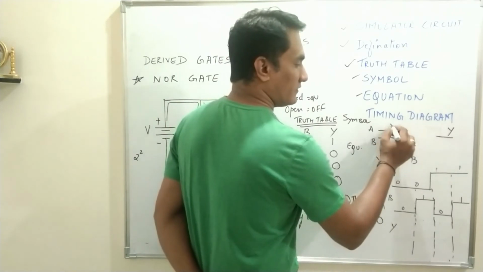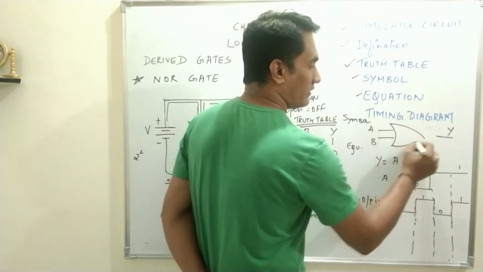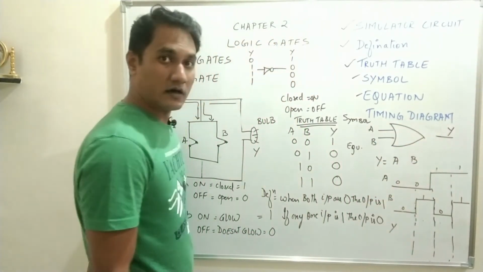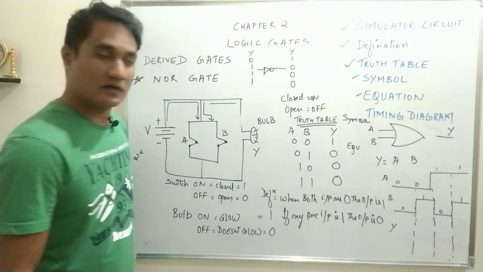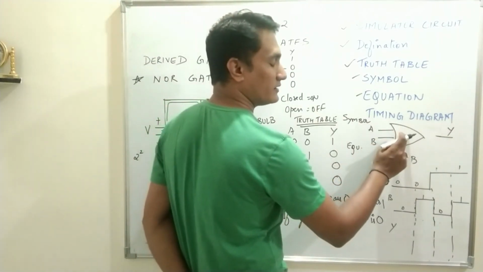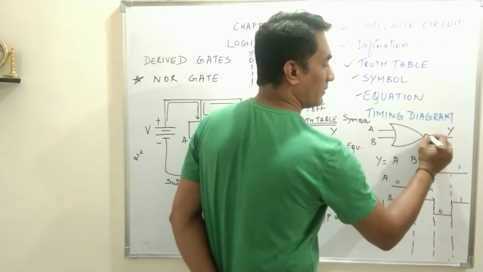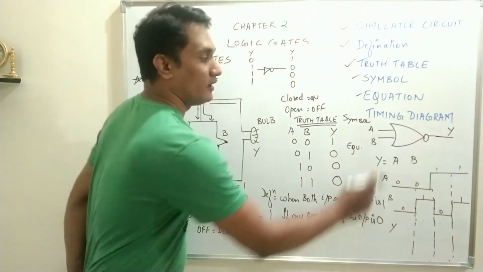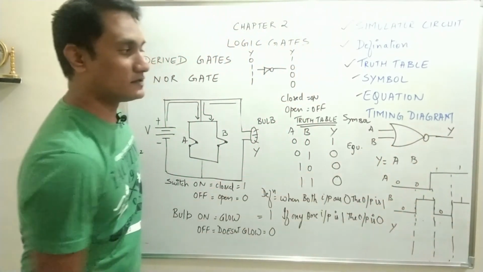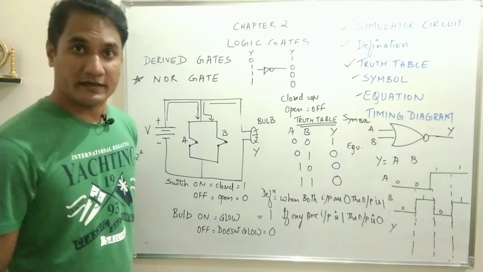Symbolic representation, first we will draw OR. As I said, NOR gate is OR followed by NOT. So first we will draw the symbolic representation of OR and then a bubble sign over it to give OR followed by NOT. So this is the symbolic representation of NOR gate.